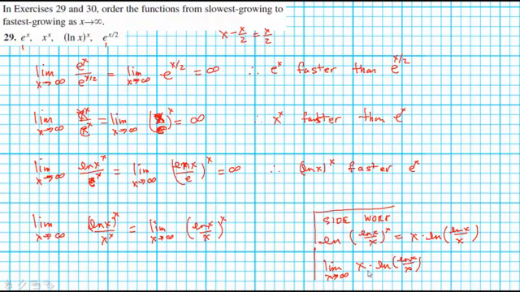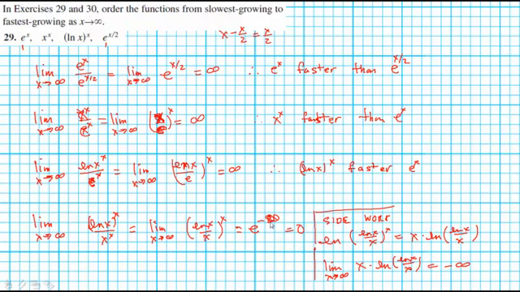This is positive infinity multiplied by negative infinity. Let me get this straight again. Natural log x over x goes to 0. Natural log of 0 goes to negative infinity. This is positive infinity, so this is going to negative infinity. So this is going to end up equaling e to the negative infinity, which is equal to 0.